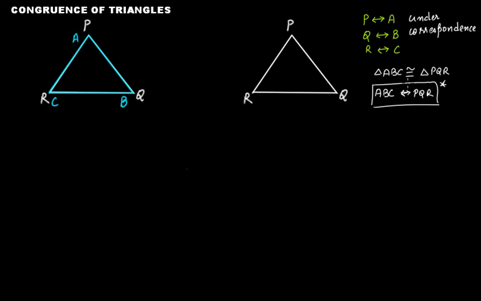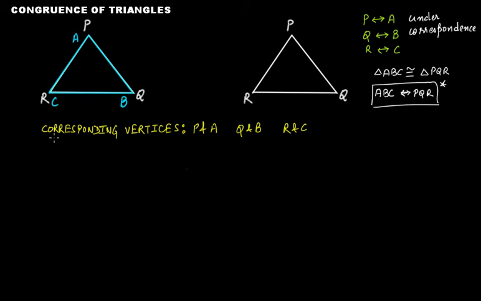So what are the corresponding vertices? Corresponding vertices are from here only: P and A, Q and B, R and C.